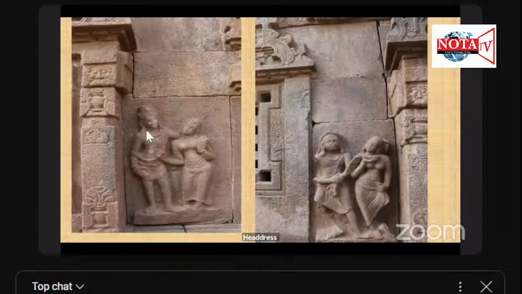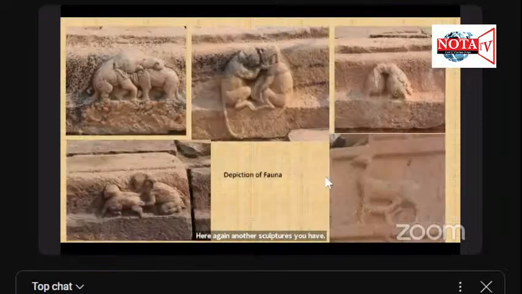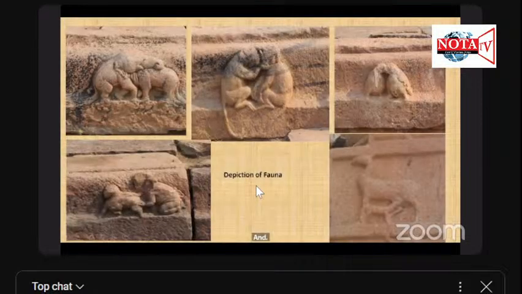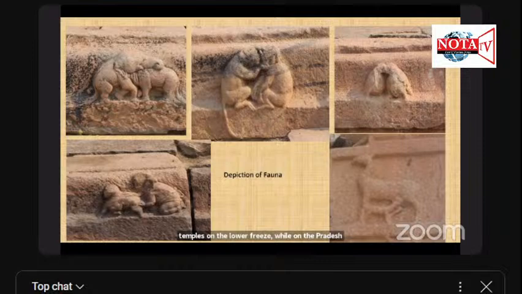Here again you have other sculptures, and this is again something interesting. This we found while going around this Navabrahma group of temples, on the lower frieze, on the Pradakshina Patha.